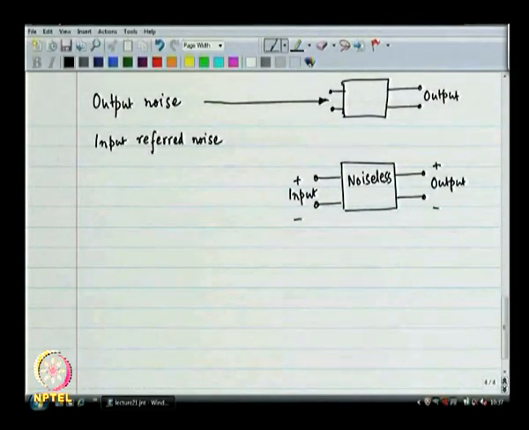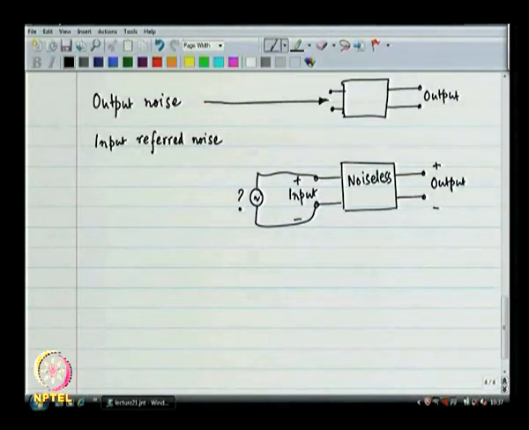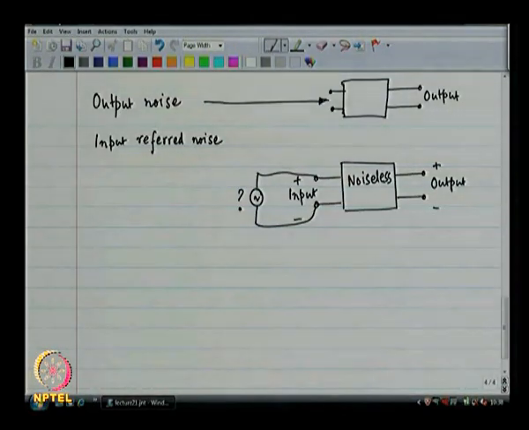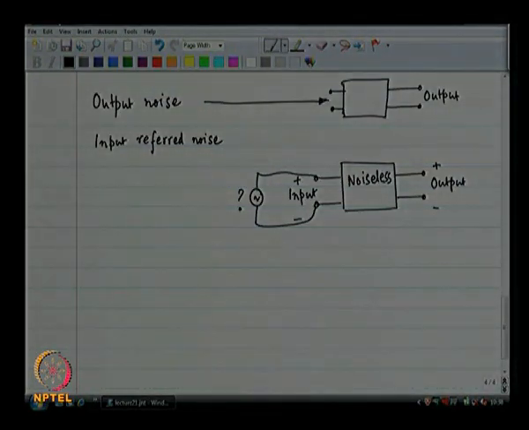Right. The question is, what should be the value of the voltage or voltage squared at the input such that you get the same voltage or voltage squared at the output as before. Before is the output referred output noise. So, your target is to get the output noise. What should be your input such that you get the output noise through a noiseless network?